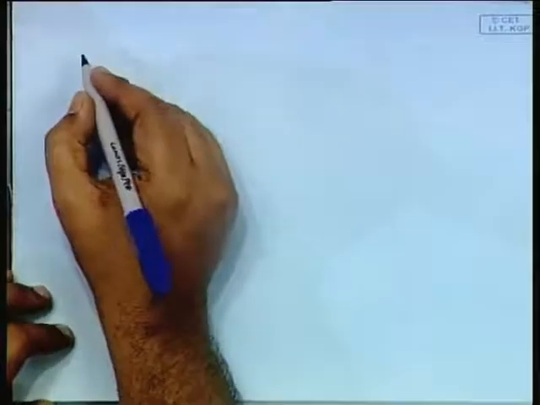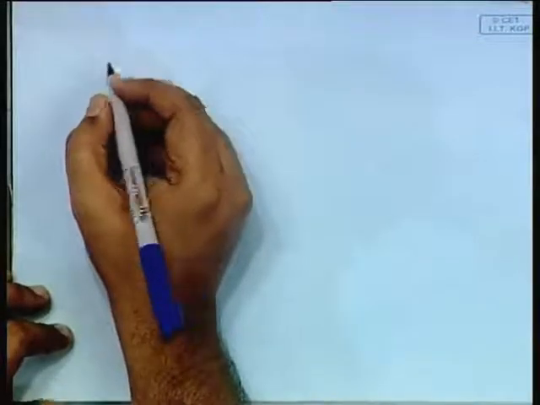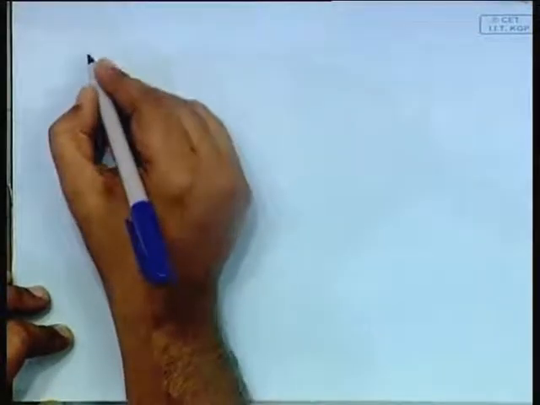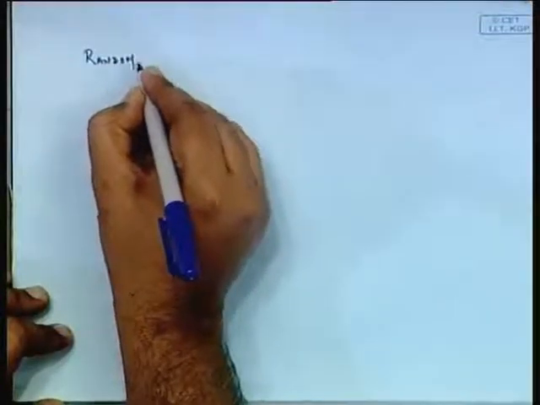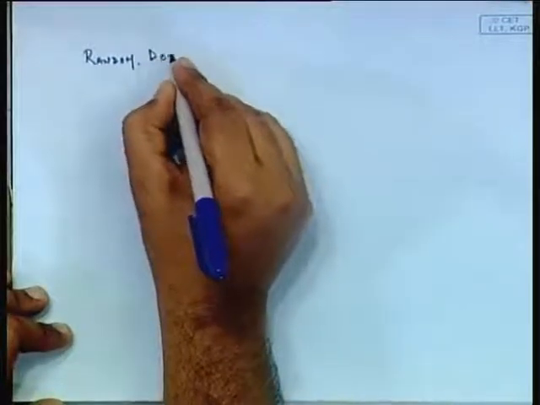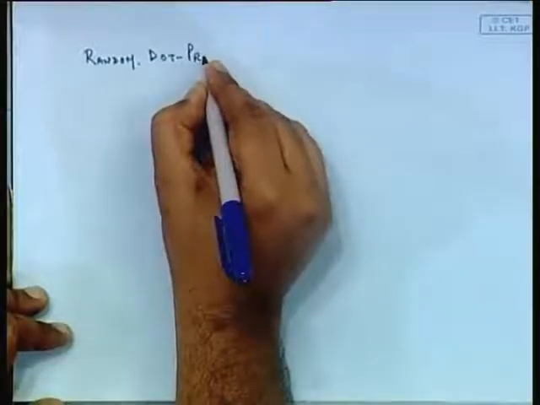There can be another way of random graph, that is the random dot product model.